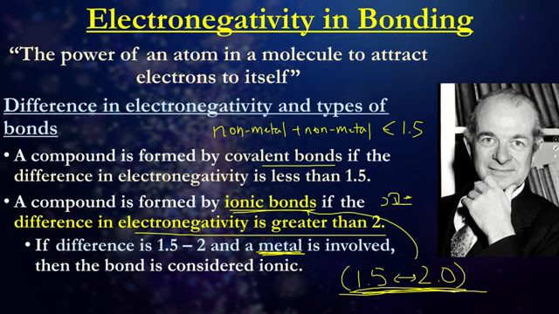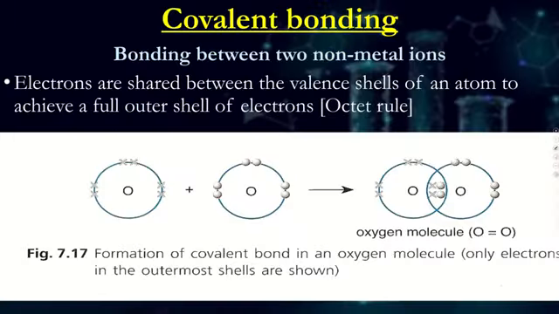If, for example, it is 1.5 to 2, and we only have nonmetals, then we'll consider that to be a covalent bond. Okay, so that's just a little exception to the rule that we need to take into account.